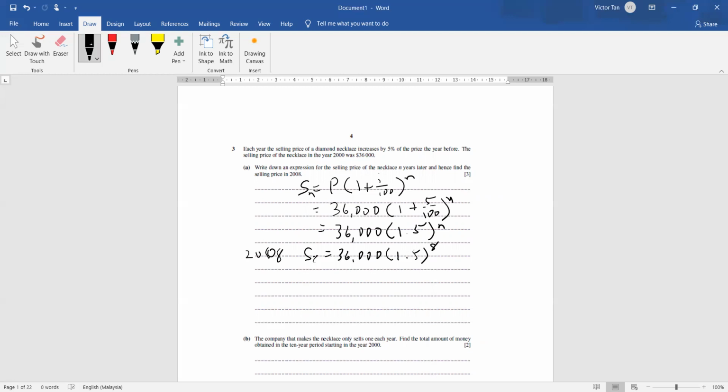It's not 1.5, sorry. This is 1.05. See, when you have made a mistake, the calculator will tell you the value is too large. So it is 53188.40.